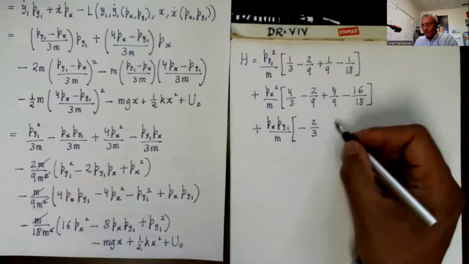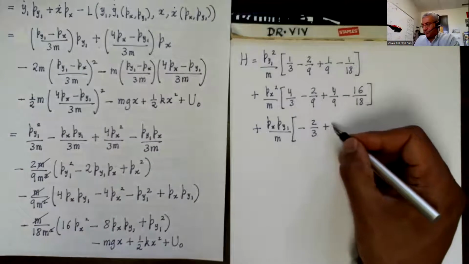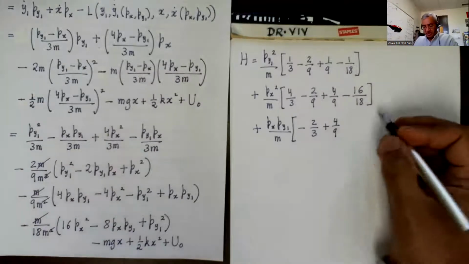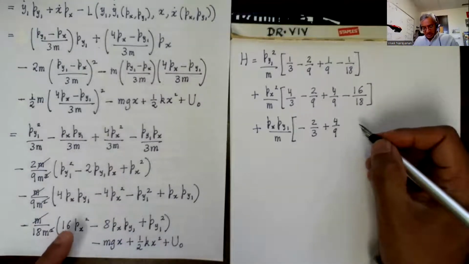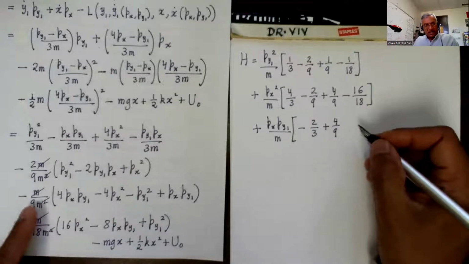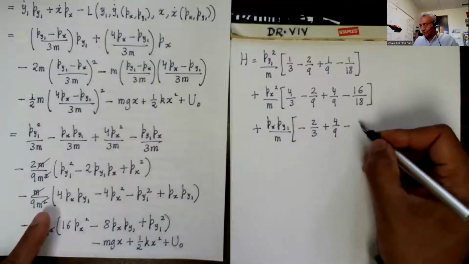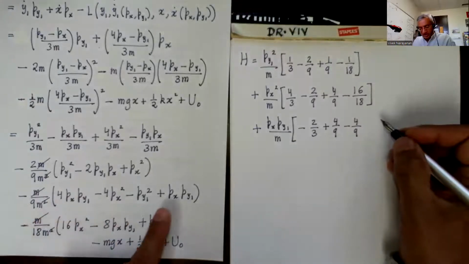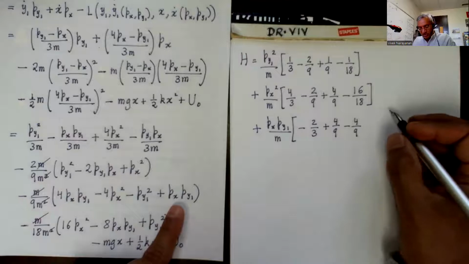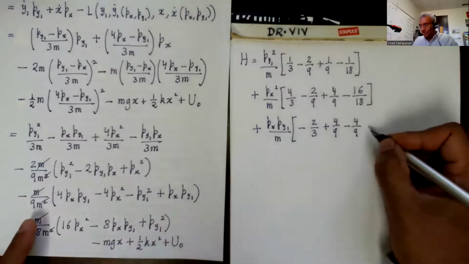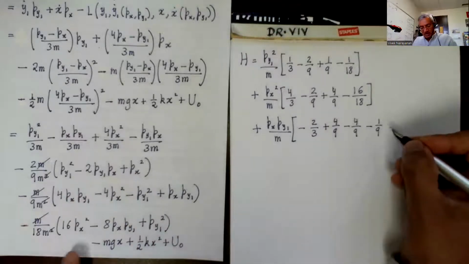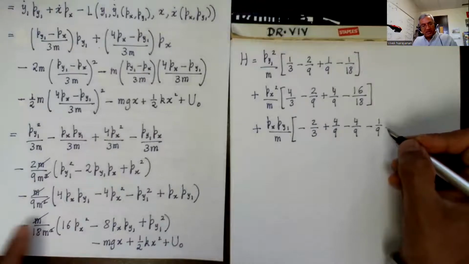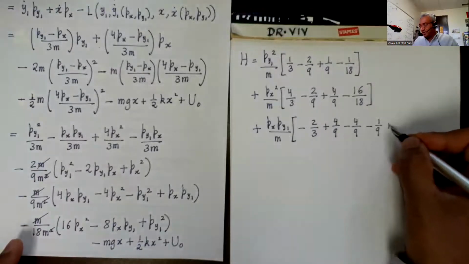So that's positive 4/9. Positive 4/9. And then here I have negative 4/9. Seems like there's some mysterious cancellation here too. And then I have one more term there. That's a negative 1/9. And then 8 with a negative sign and a negative sign. So positive 8/18.